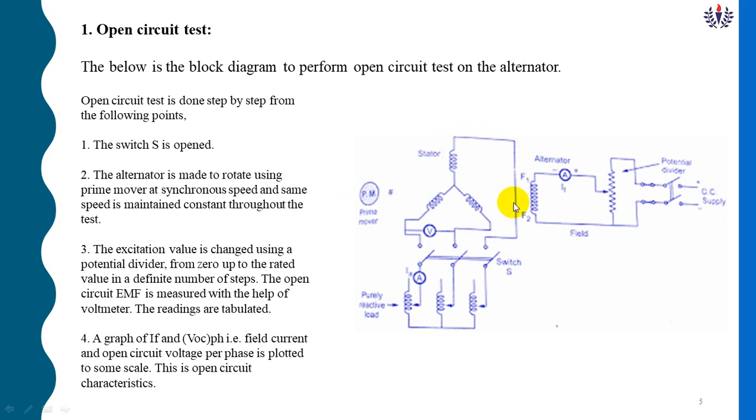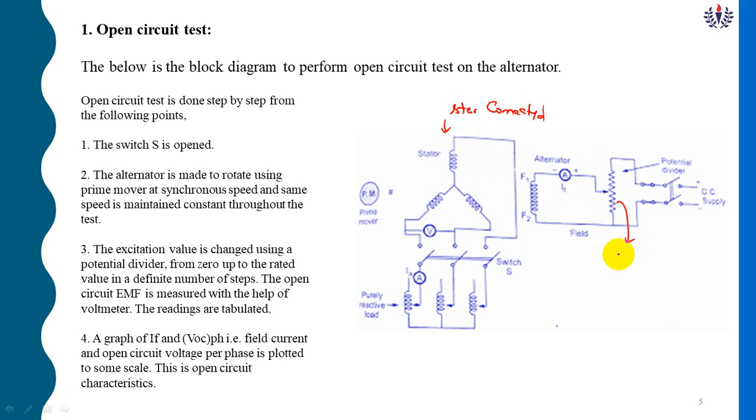Now see the diagram of this ZPF method. There is the armature winding, the stator winding, which is connected in star connection, and it is connected to the alternator. There is a field, and we are giving DC excitation.